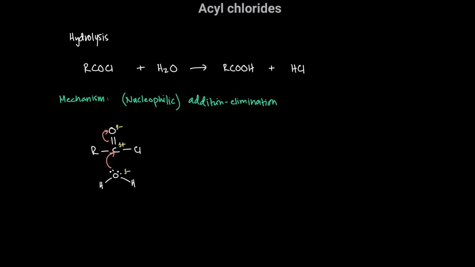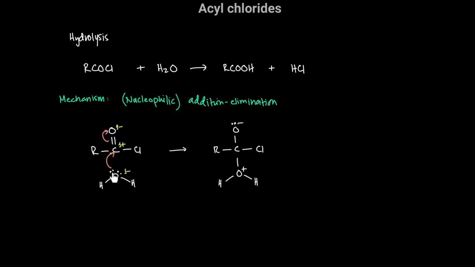So what we get is R, C, and this oxygen now has an additional lone pair, so O minus. Then we have this oxygen that's bonded to two hydrogens, from the H2O. This oxygen has a positive charge, and we have a Cl. To understand why this oxygen has a positive charge, think of it this way.